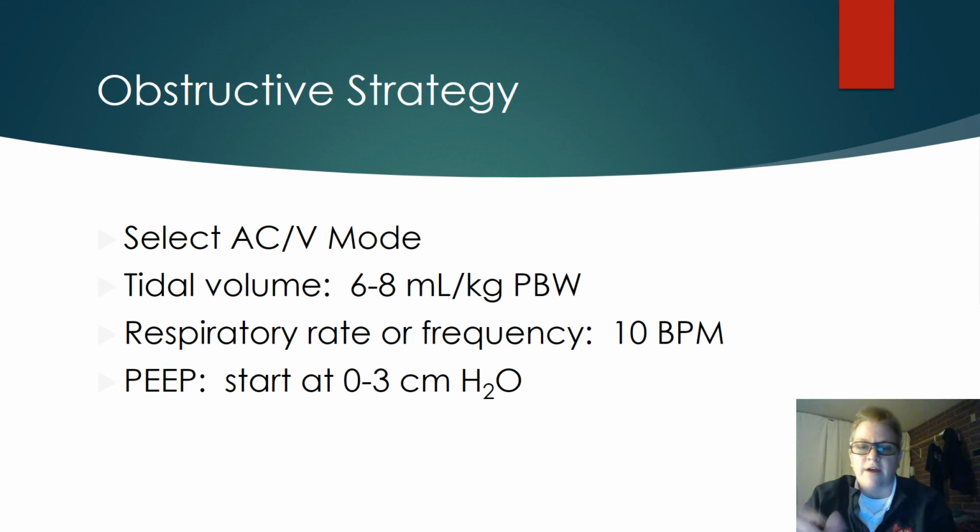Sometimes we don't need to start at 5. Sometimes we can start at 3. If they're struggling with that PEEP of 5 that we set, knock it down. Let's decrease it. They don't necessarily need that PEEP, but they do need that time to exhale. Two very easy strategies: obstructive and injury.